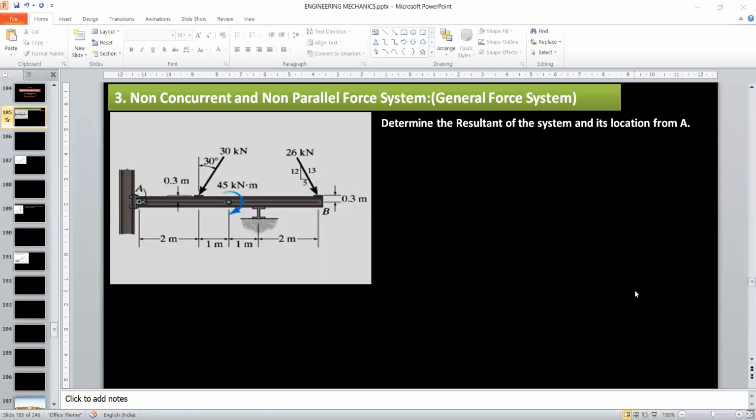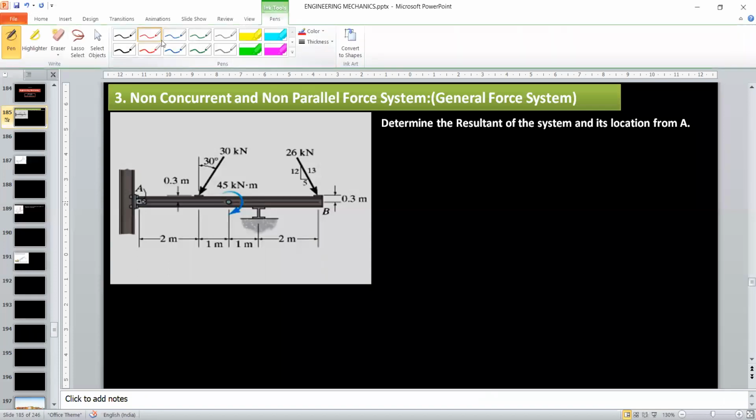So to solve problems on the general force system, or non-concurrent, non-parallel force system, your steps for resultant calculation are similar to the concurrent force system. Your first step will be to resolve the forces in the system.